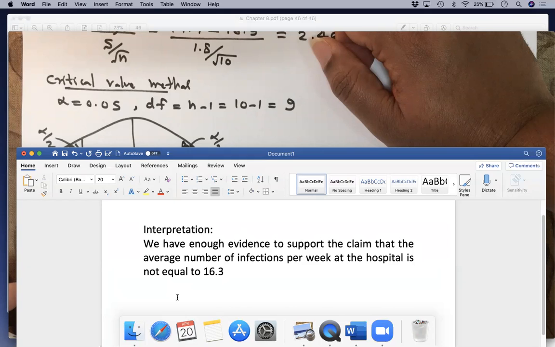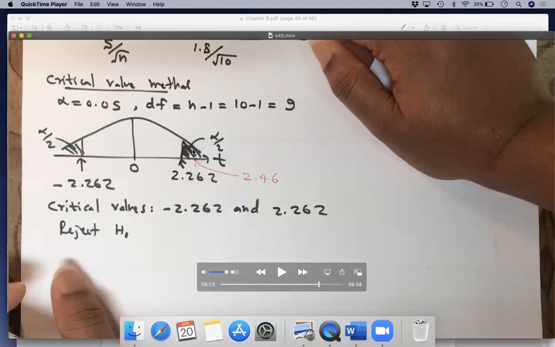In here our claim is the alternative hypothesis. Then I just write the sentence from our question. So that is our final conclusion, interpretation.